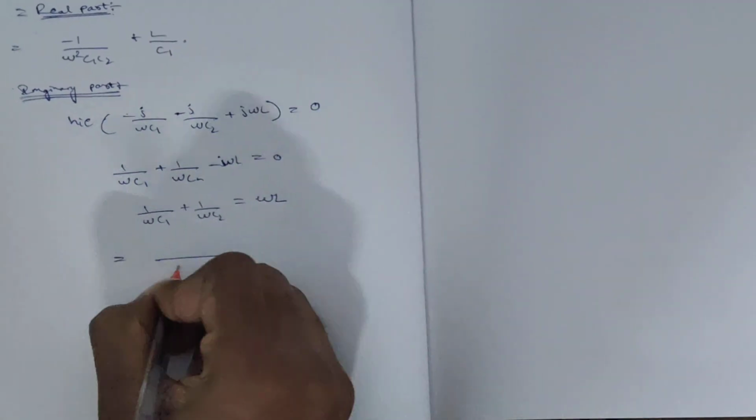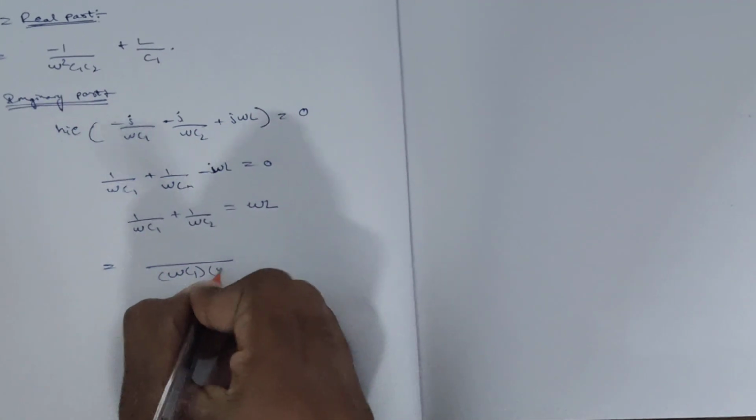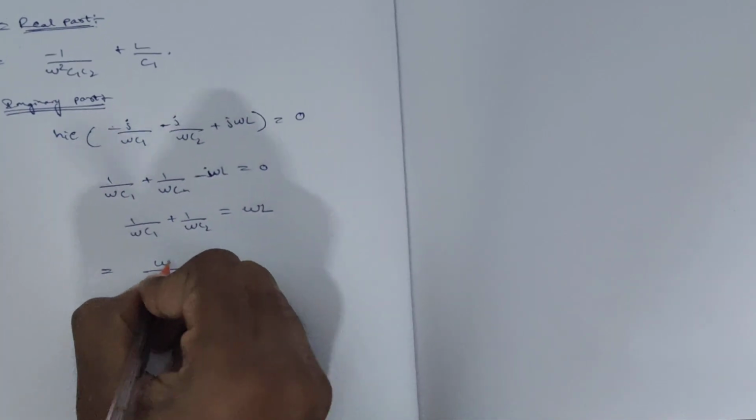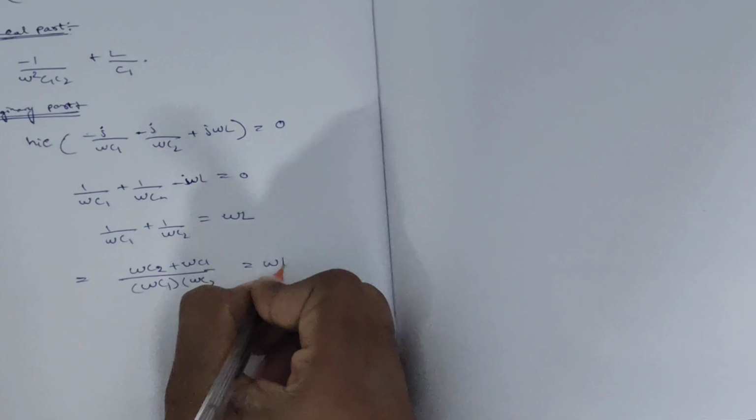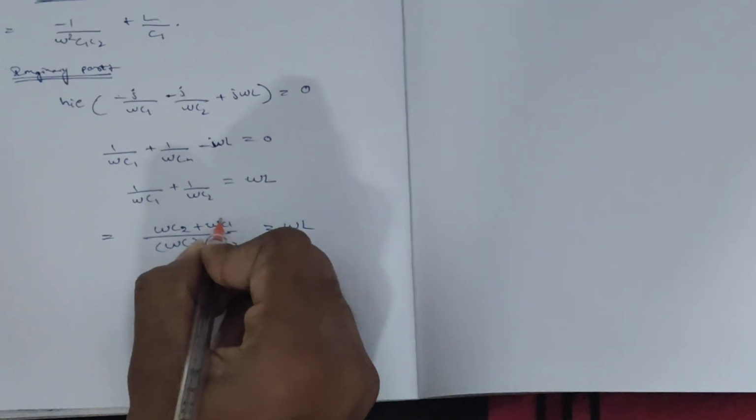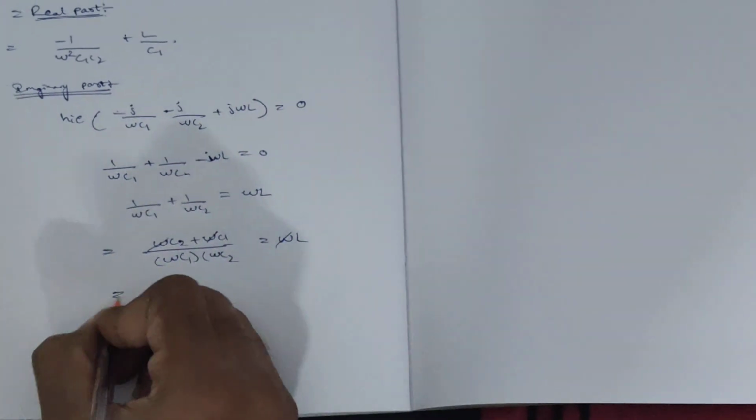Now taking the LCM, omega C1 into omega C2, it becomes (omega C2 plus omega C1) equals omega L. Taking omega common, omega gets cancelled.